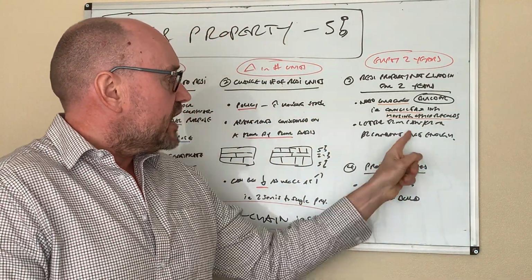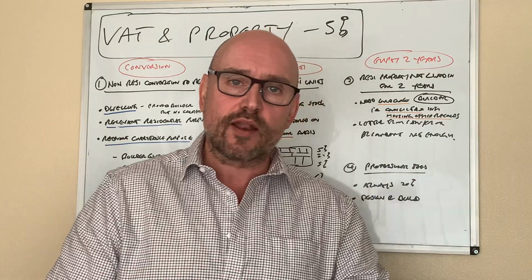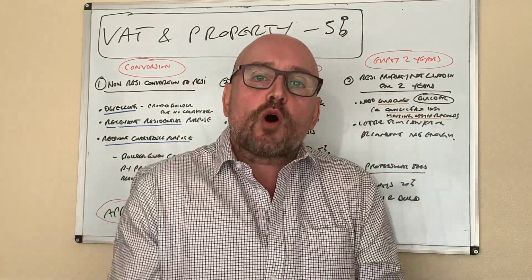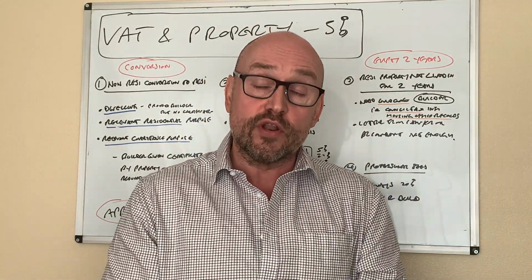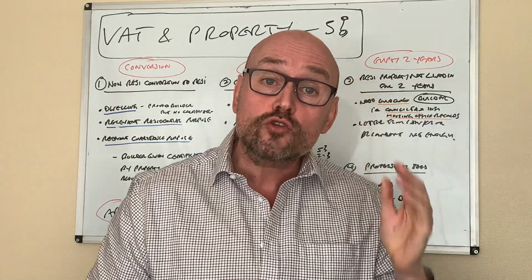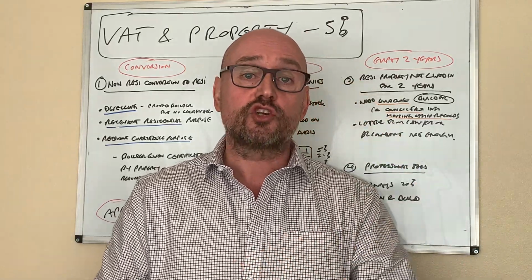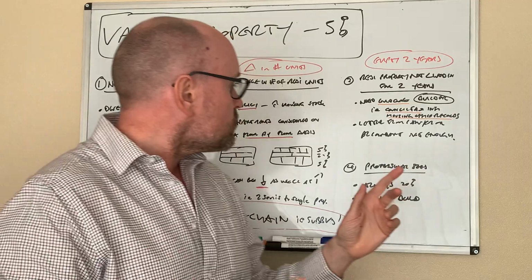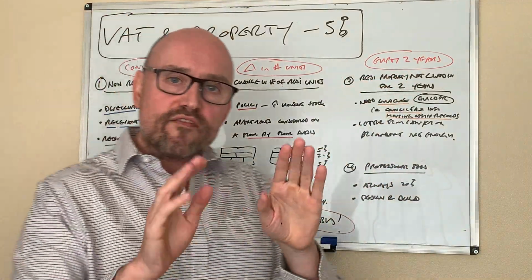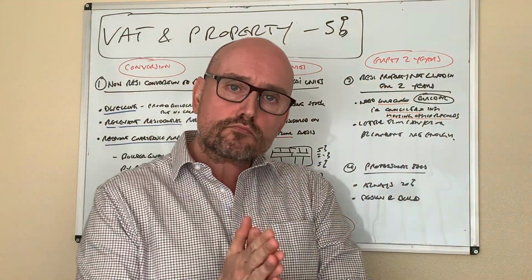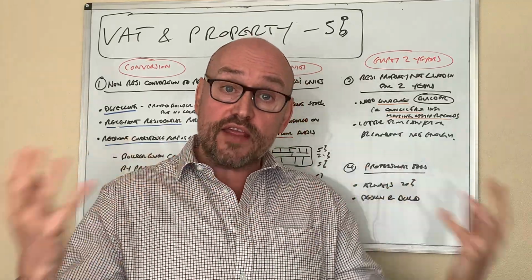So, yeah, a letter from his developer is not enough. It needs to be third-party evidence that that unit has been empty for at least 2 years, and then the builder can charge 5%. So, they're the 3 areas where 5% would apply in the building world.